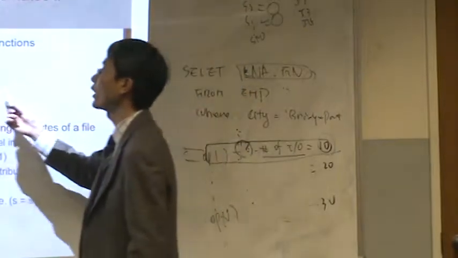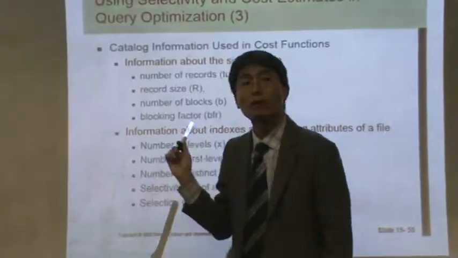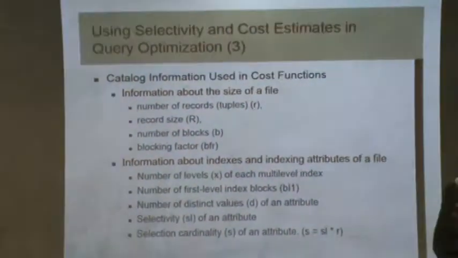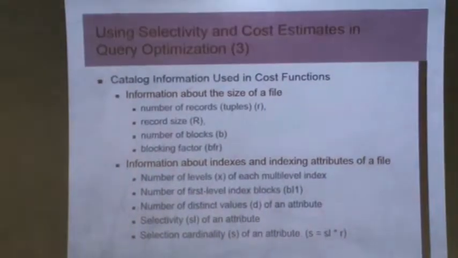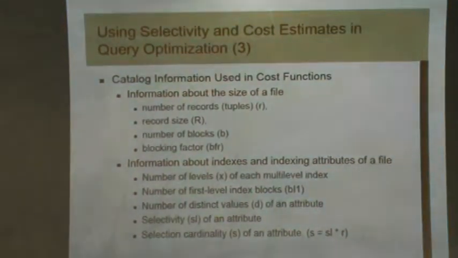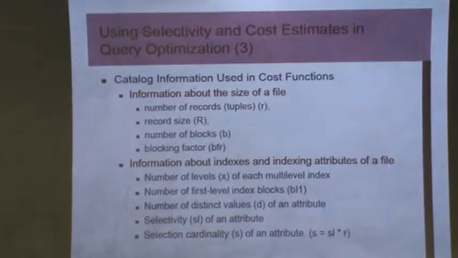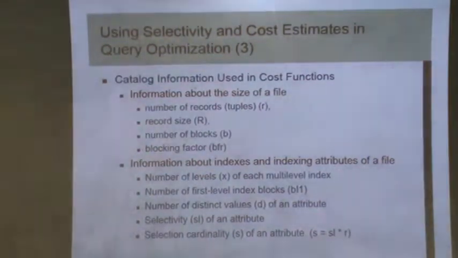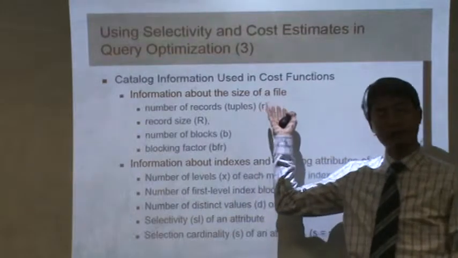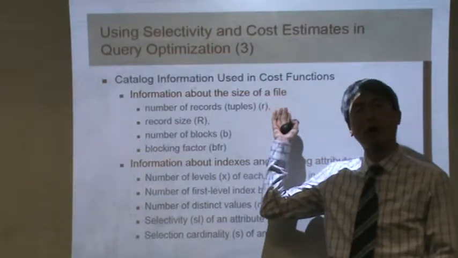So before that, we define the notation. First, you need to understand what is the N, what is the B, what is the S. Okay. So first, number of records for each table, number of records or number of tuples. By the way, how can you get the number of records R?